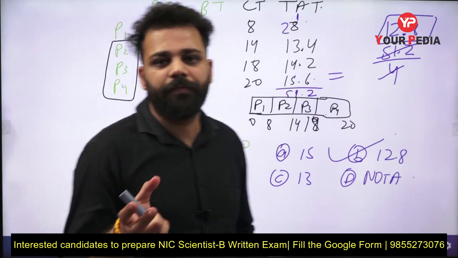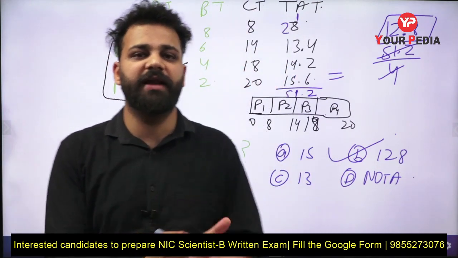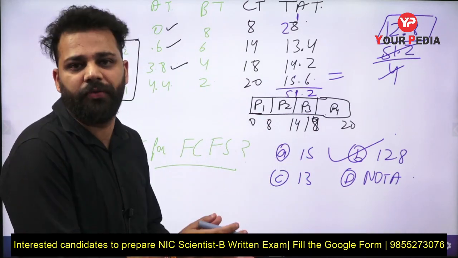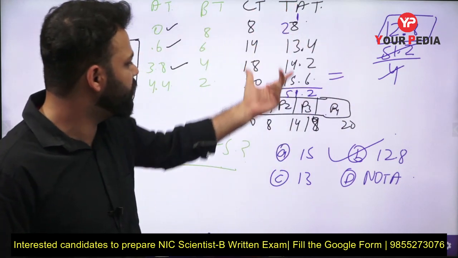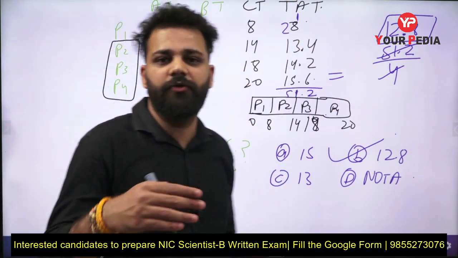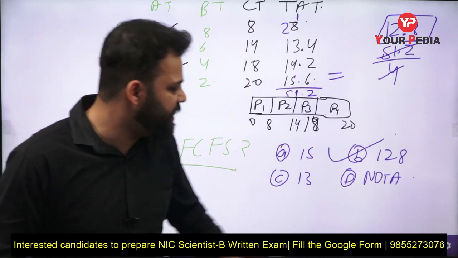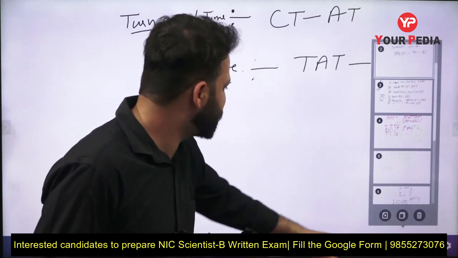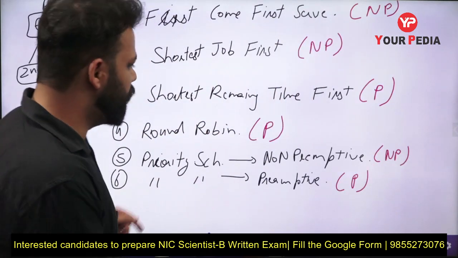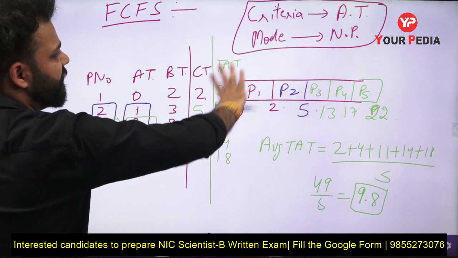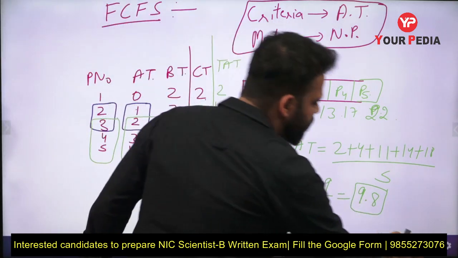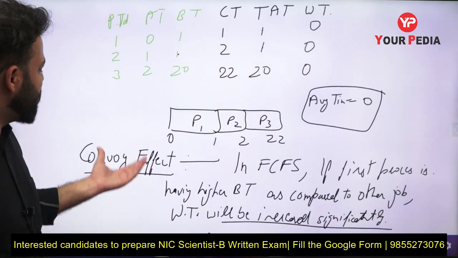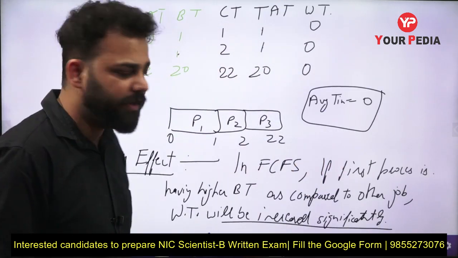As you can see, the type of questions that come in technical assistant and scientist B are a little different. You have to study the same concept. In order to solve this question, you have to study first come first serve. When you start studying it, you will study whether it is a non-preemptive system or not, how to solve it using the algorithm, and what the convoy effect is.